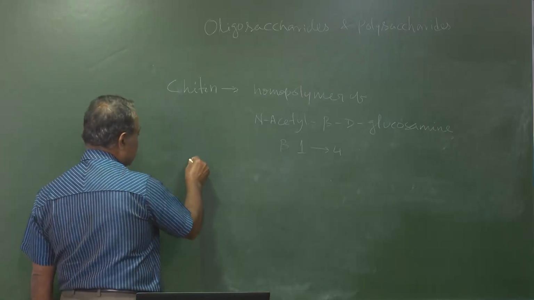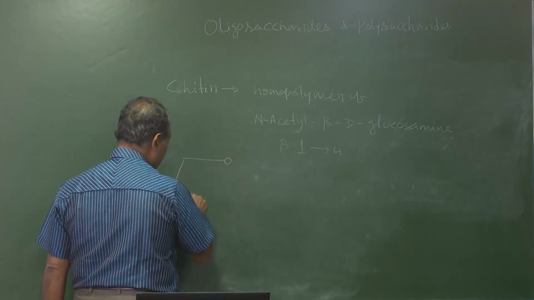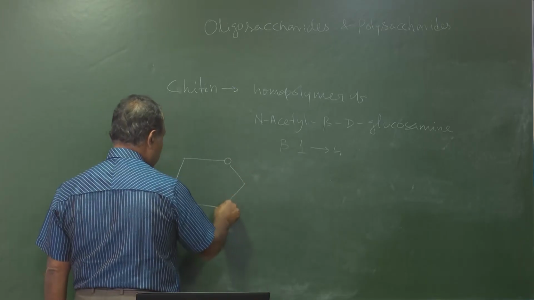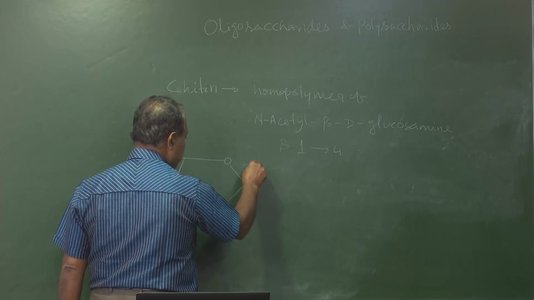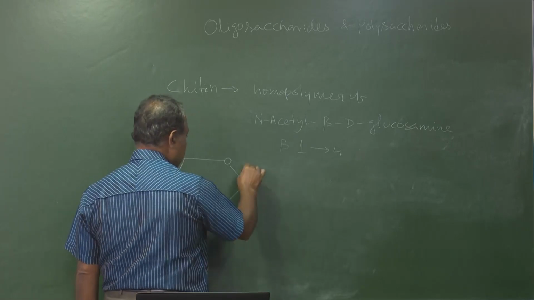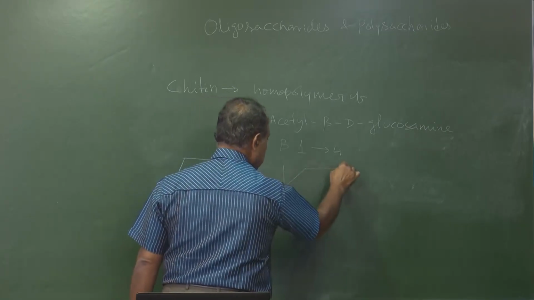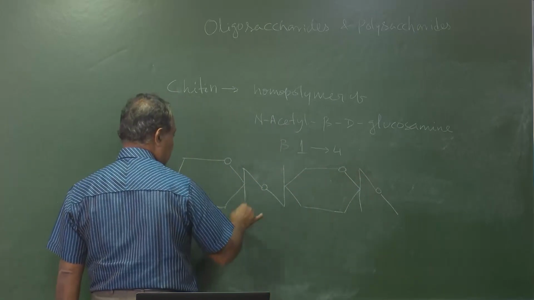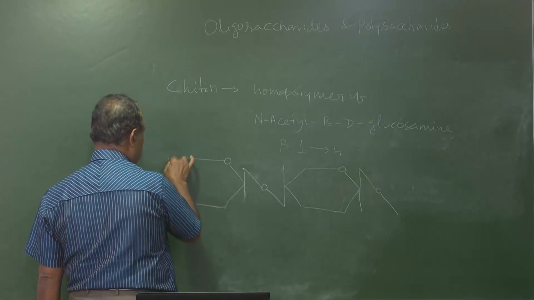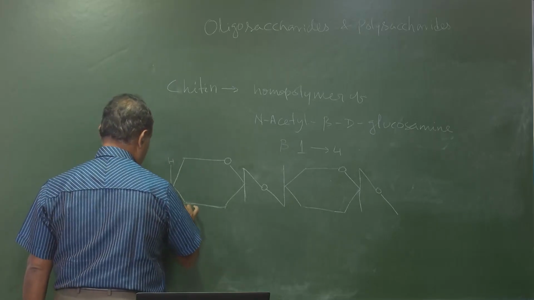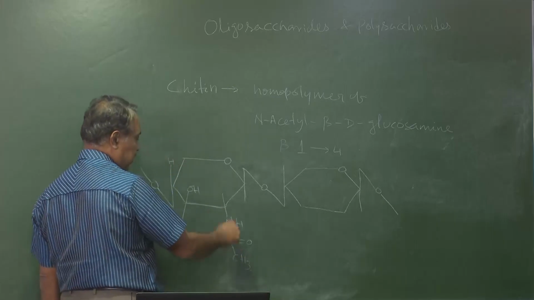So now, if we draw this structure, it will be something like this. I have already shown you the structure of glucosamine. So it is beta, the structure will be like this. That shows the continuity. This side also we will have the continuity. This is N-acetyl D-glucosamine.